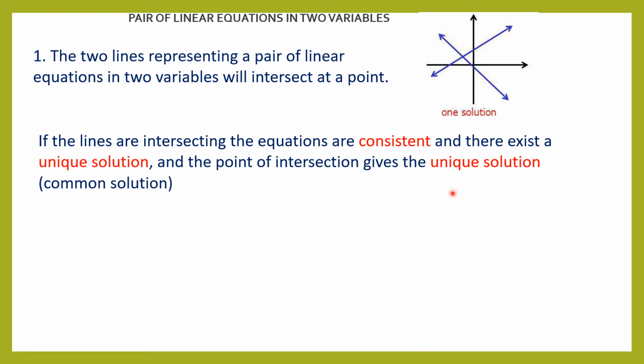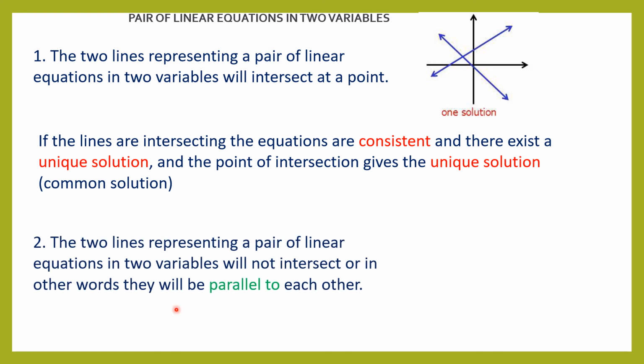Now second concept: the two lines representing a pair of linear equations in two variables will not intersect, in other words, they will be parallel to each other. Let us move on to the picture.